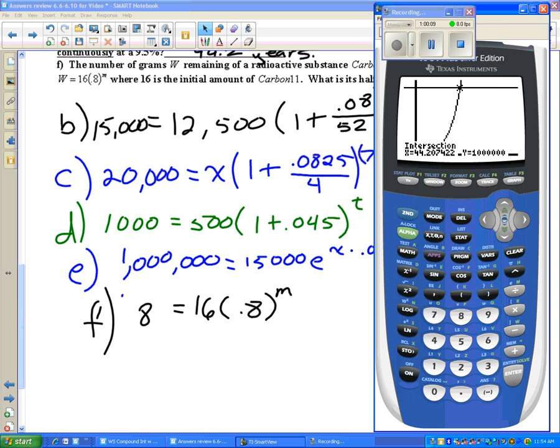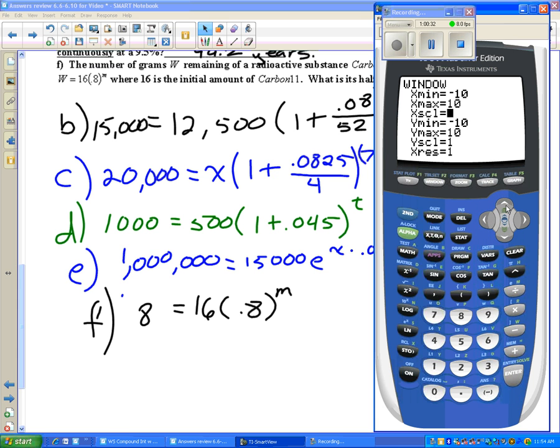So I go back to my handy dandy calculator. In y1, I'm going to put 16 times 0.8 to the x power. I want to end up with 8. My numbers right now are way too huge. So I'm going to go from 0 to 10. And here 0 to 10.